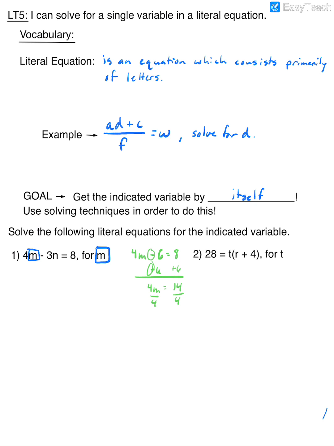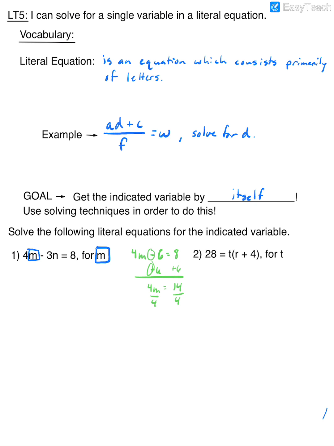Okay, so this is where recognizing what operations are happening and then undoing them comes in super handy, because it doesn't matter what they look like. If they are subtracting to something that you want to get by itself, you undo it with addition. If it's multiplying to something that you're trying to get by itself, you undo it with division.